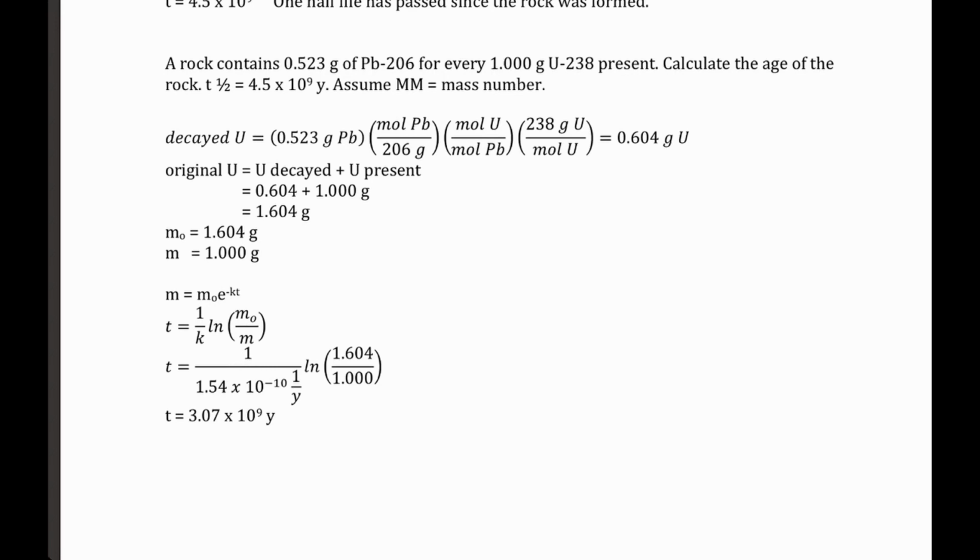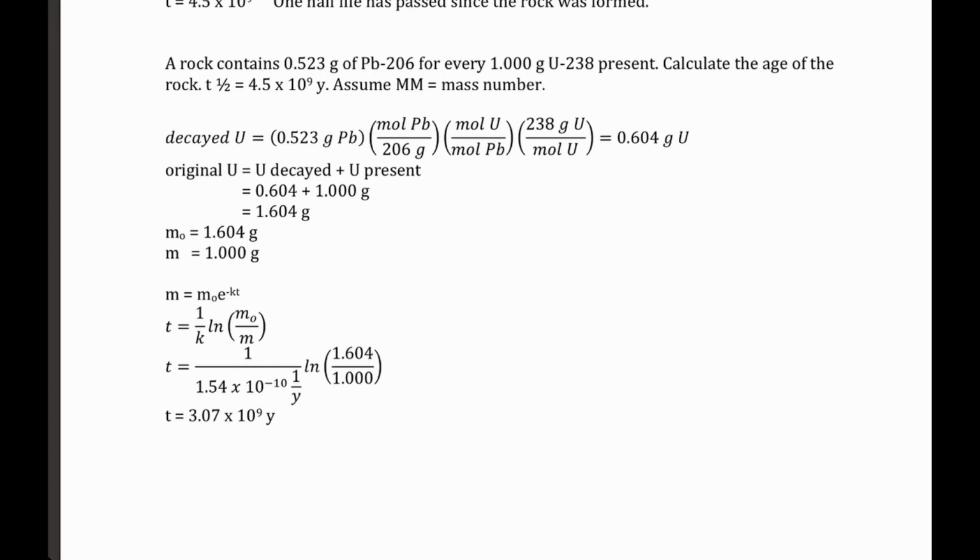Now we've got moles of lead, so we can do the mole ratio between lead and uranium, 1 to 1. And then we convert to grams of uranium. So we have the 238 grams of uranium per mole of uranium. That means we have 0.604 grams of uranium that must have decayed to produce that amount of lead.